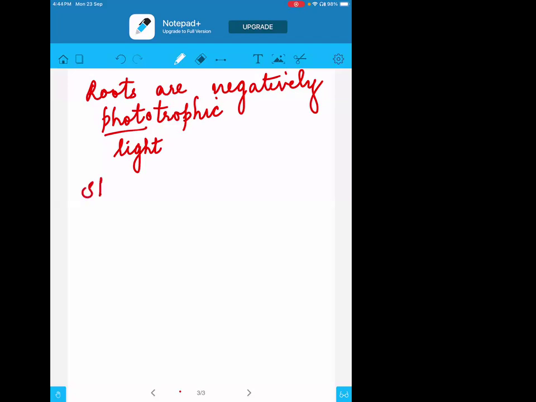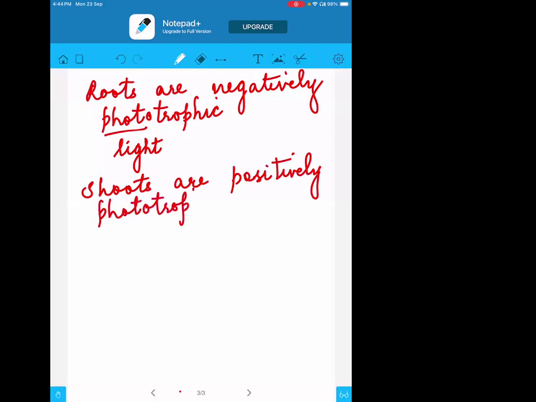So that is why in this case we say that the shoots are positively phototropic because they move towards the light. The source here is the sun. So from the sun they are getting light, and if they are moving towards it, they are positive. If they are moving away from that light, then they are negative.